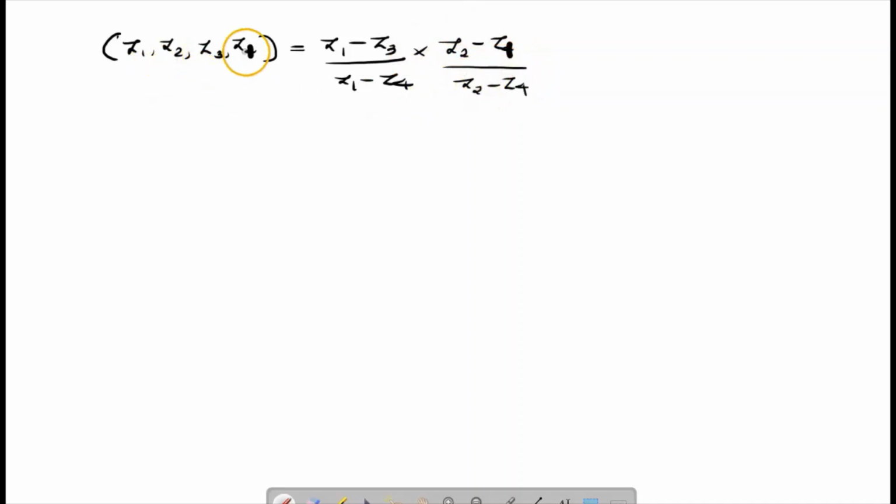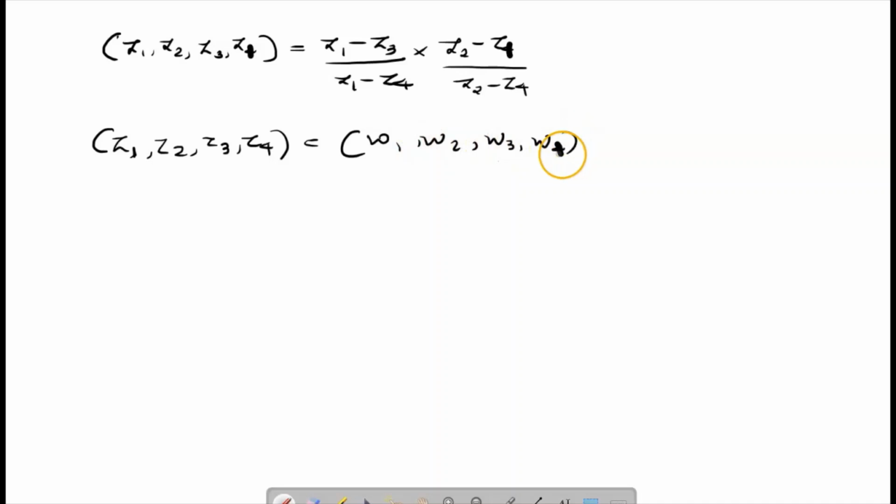This is the cross ratio of 4 points. Now we know that the cross ratio is invariant under transformation. So the cross ratio for points in the Z plane is equal to the cross ratio for the points W1, W2, W3, W4 in the W plane.